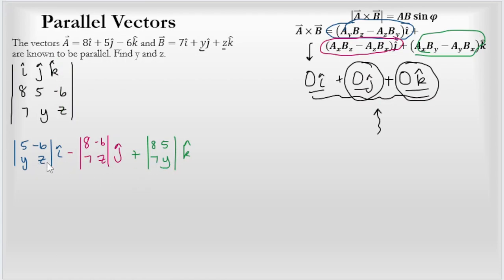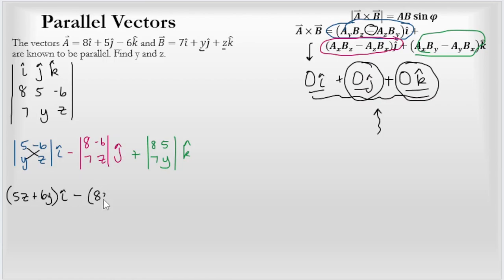Okay, so I'm going to do this. I get 5Z plus 6Y in the i hat direction, right? I do a cross multiplication and subtract the second term, so minus 6Y, minus a negative 6Y becomes a positive. Minus, let's multiply this out here.